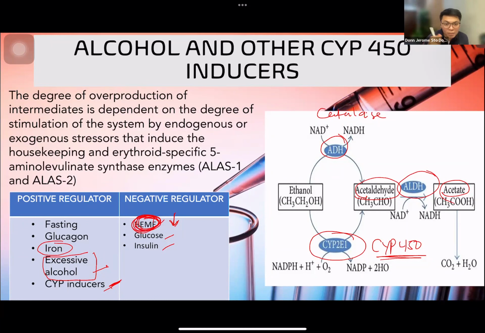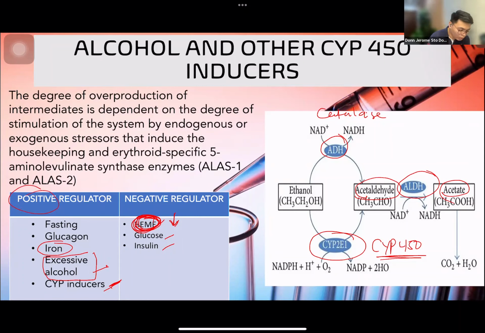So that low heme can actually stimulate. Do you agree with me? Low heme will stimulate ALAS. Why would it stimulate ALAS? Because you want to make more heme, right? For cytochrome P450. So that excessive alcohol, by virtue of decreasing your heme, can stimulate ALAS. So it's a positive regulator of ALAS.